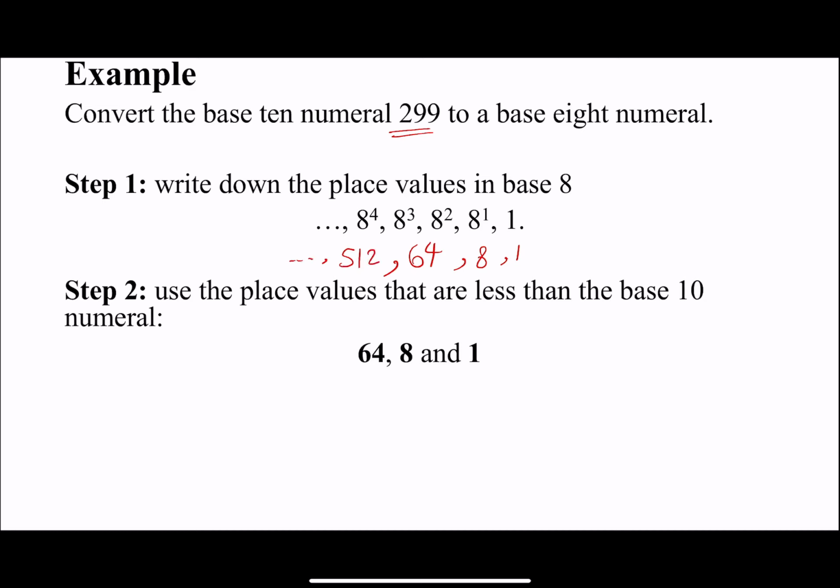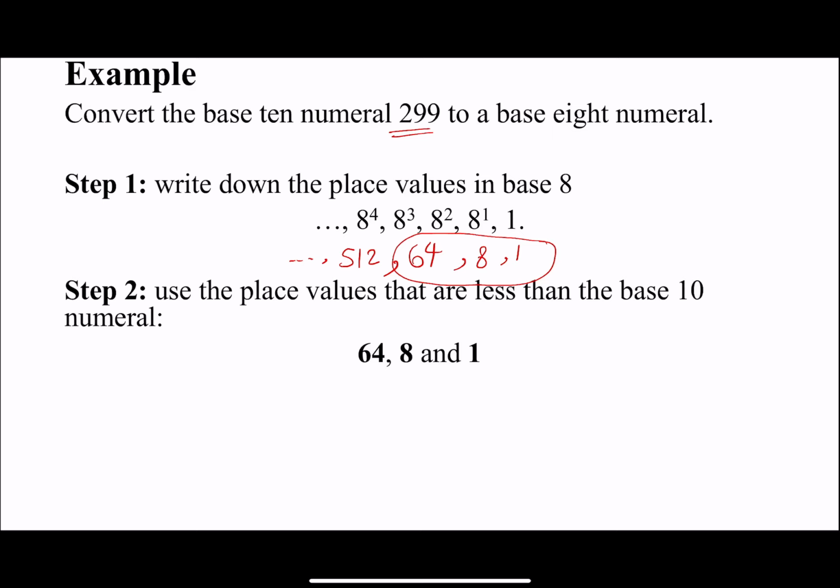We keep going. So step 2, we use the place values that are equal or less than the numeral that we want to convert. We want to convert 299, and these place values are equal or less than 299. So we choose 1, 8, and 64.